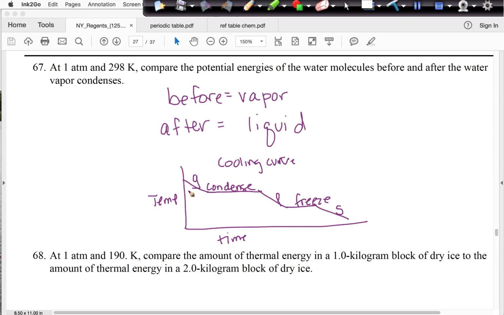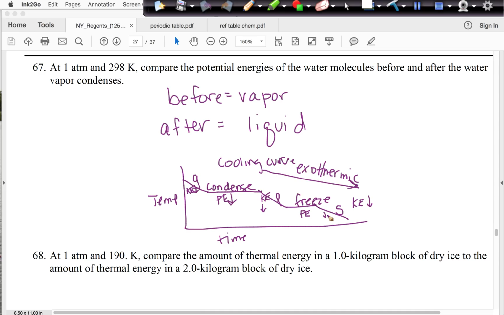And we're plotting temperature versus time. As gas condenses into solid, when it's just a gas, in a single phase, it's the kinetic energy that's changing. But in the phase changes, it's potential energy that's changing. And because this is downhill, it is exothermic.